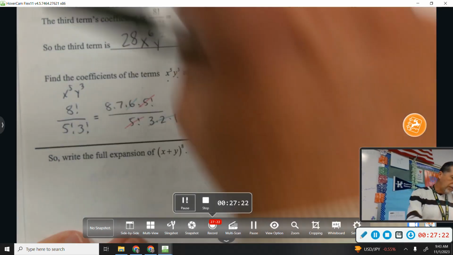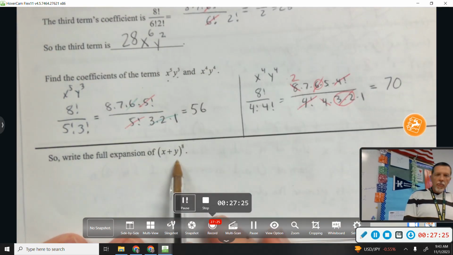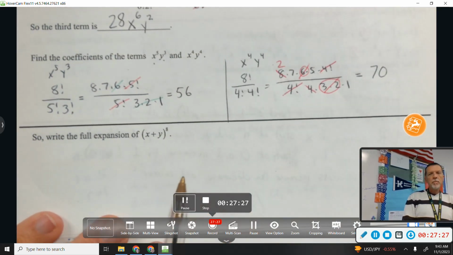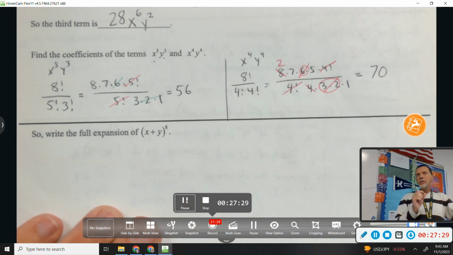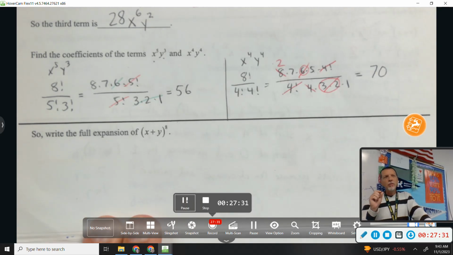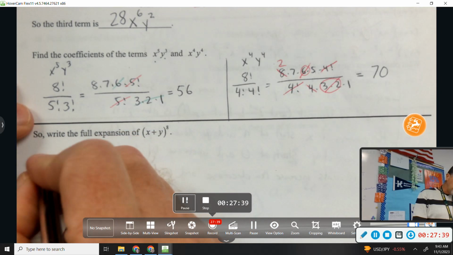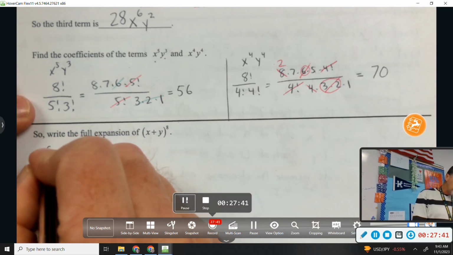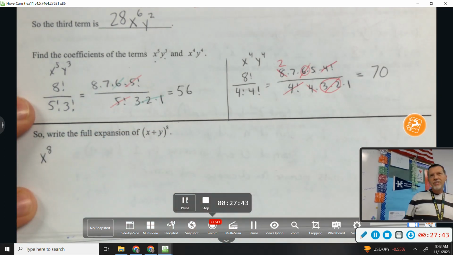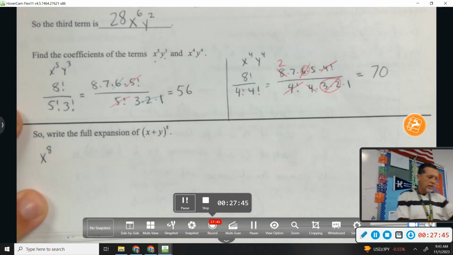Okay, so write the full expansion of x plus y to the 8th. Okay, I don't do this term by term. I do the x's, and then I do the y's, and then I do the coefficients. So it's gonna be spaced out, and it may not end up looking right when I'm done, because I know that the x's start at x to the 8th and go down.